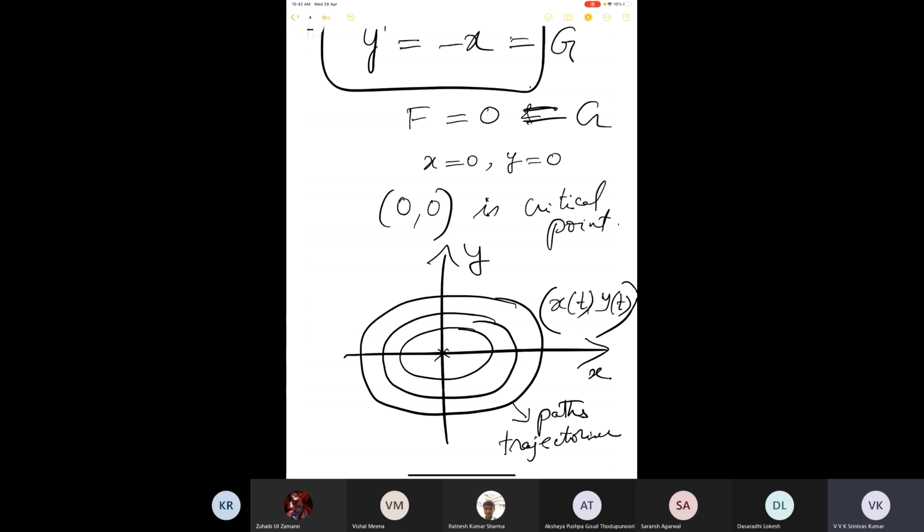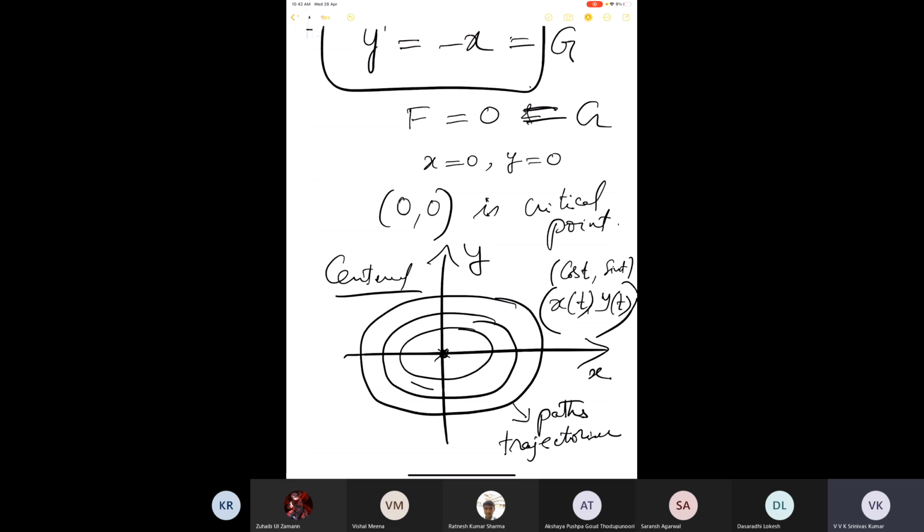These are cos t and sin t, right? Cos t and sin t are the solution. We can represent them as circles, and so the paths can be centered on the critical point. That is the first case, centers. Critical points are centers.